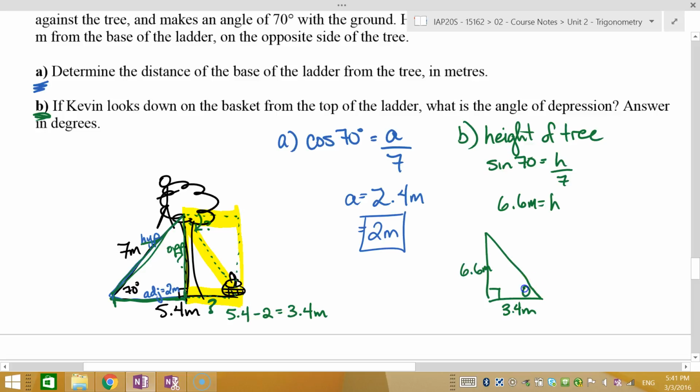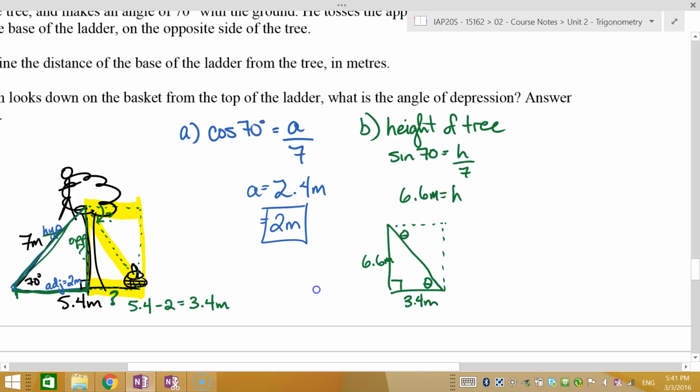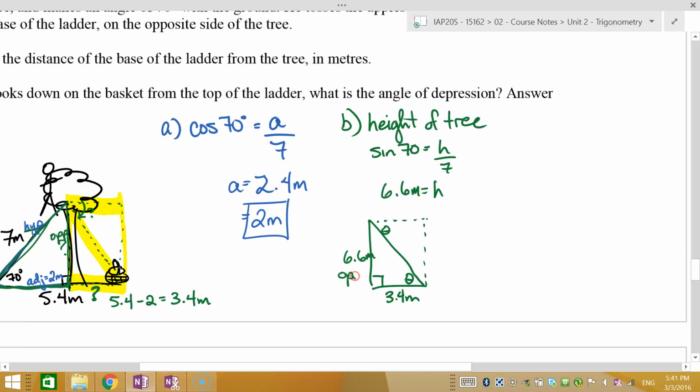Now I can calculate my angle of inclination, which is equal to that angle of depression if we were looking from the horizontal and downward. In this case, I've got my opposite and my adjacent, so I'm going to use tan here. So tan theta equals 6.6 divided by 3.4.